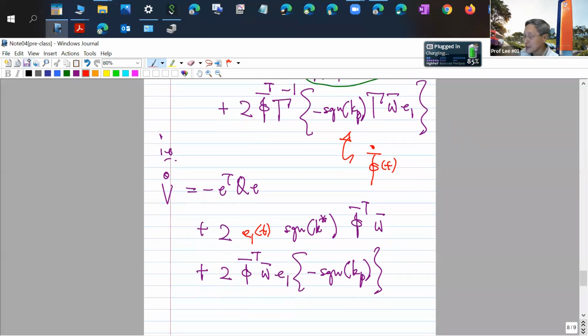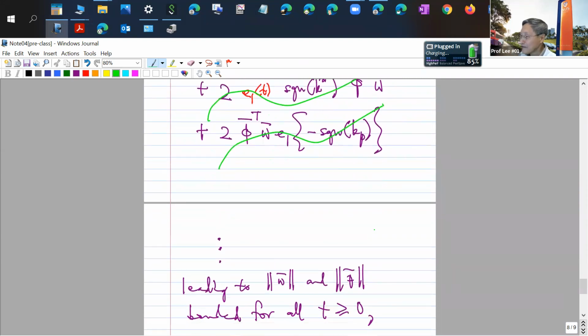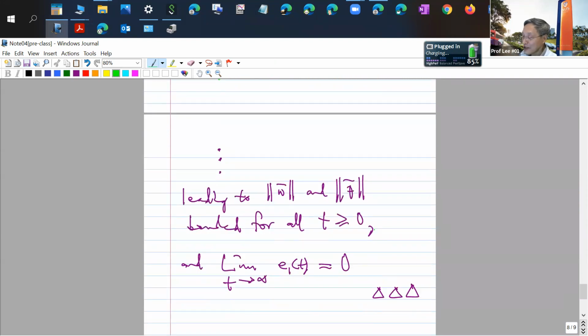So likewise, you will see that this cancels this, leaving us with minus E transpose QE, and then of course all the associated results of boundedness.